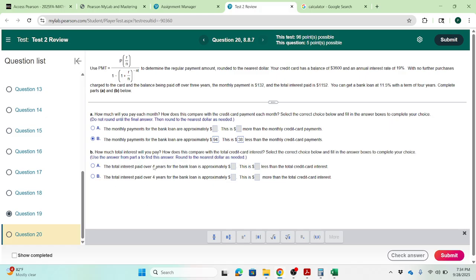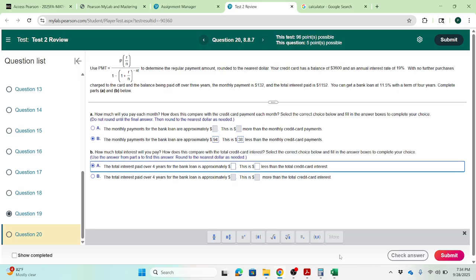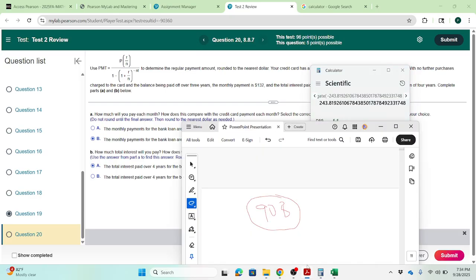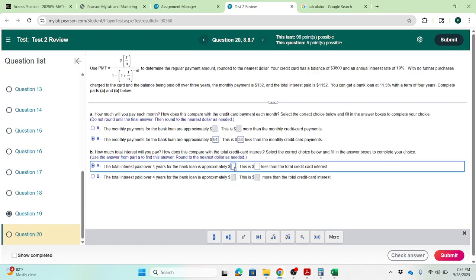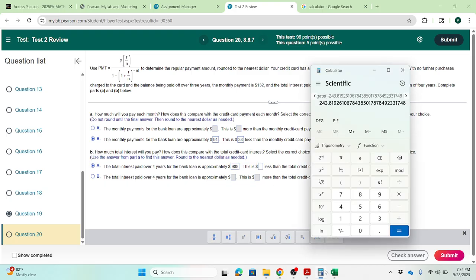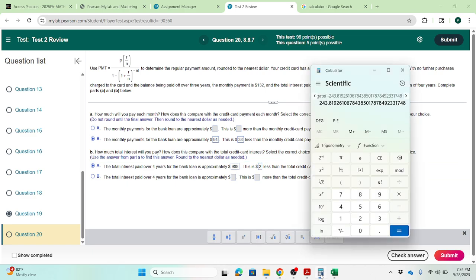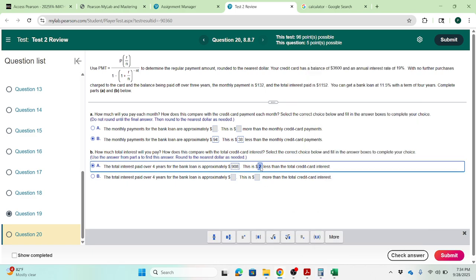So the total interest paid over 4 years for the bank loan is approximately 908 bucks, which is approximately $244 less than the interest you have to pay for the credit card.